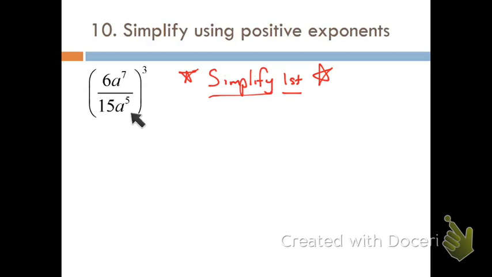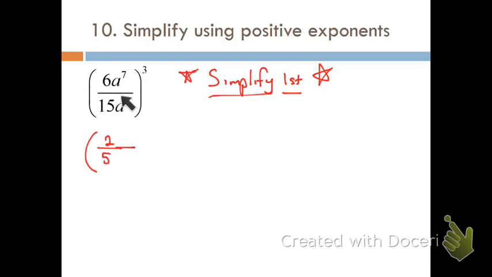What's that mean? Everybody look up here on the screen. Inside the parentheses, simplify inside first. So 6 over 15, take out a 3, is 2 over 5.